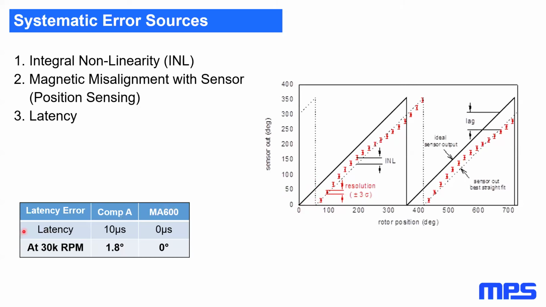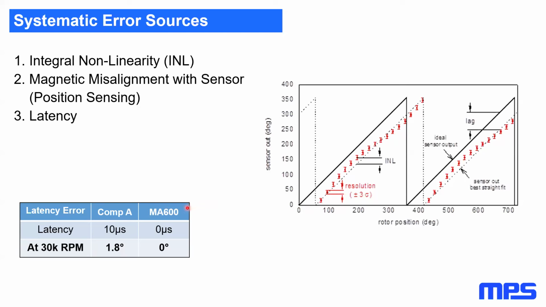And here's an example of our MA600, which actually has latency compensation built in. If I've got a 10 microsecond latency at 30,000 RPM, that would normally be 1.8 degrees of latency error. But the MA600 has a velocity state variable, so it can determine how fast the motor is spinning.